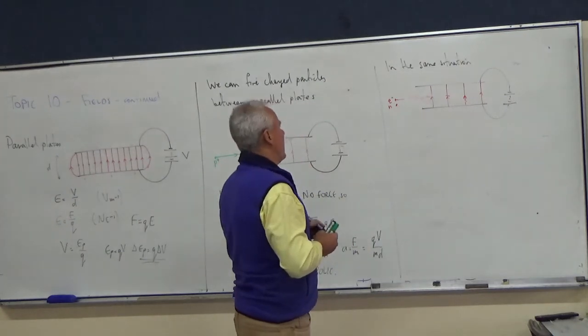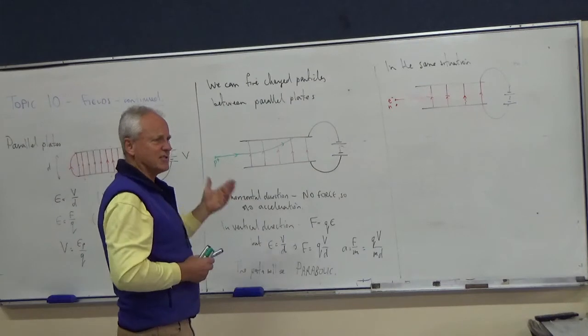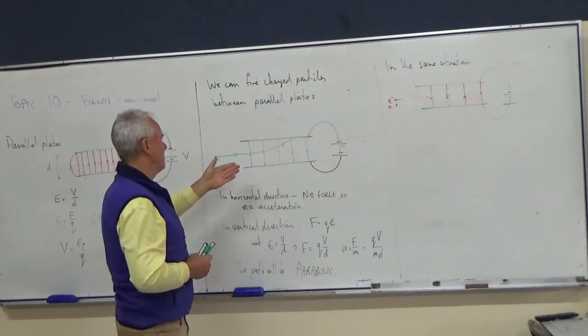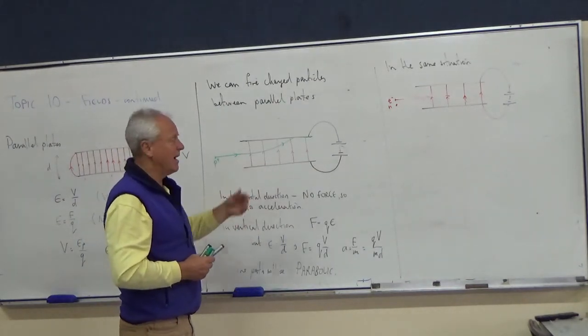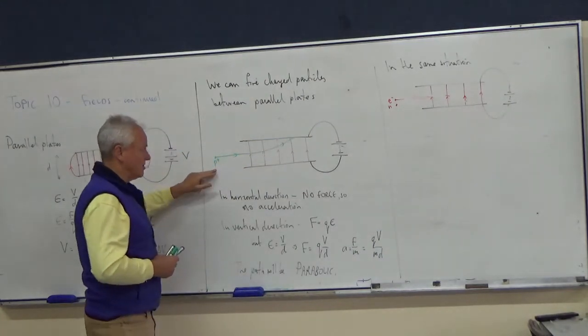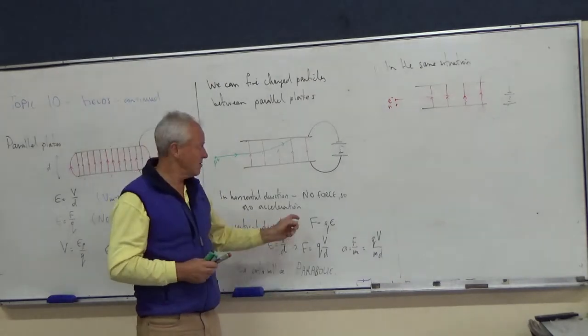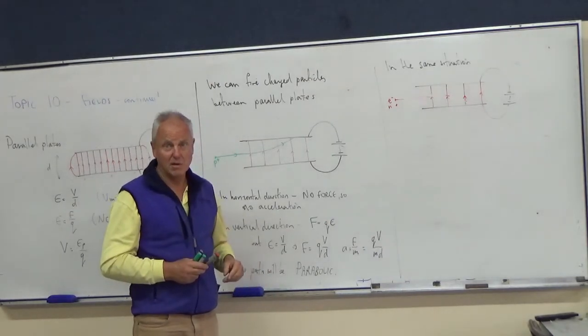In terms of how it gets bent down, if everything else is the same, and it may not be, we might be travelling at a bigger speed. Certainly the charge on an electron is the same as the charge on a proton, so the force would be the same.